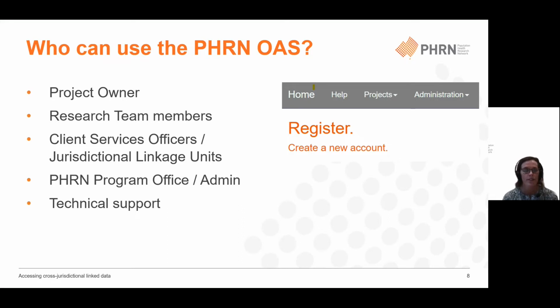Any person who wants to use the PHRN OAS must be a registered user of the online application system. The project owner is the person who creates the project in the online application system, and the project owner is the only person from the research team who can edit the online form.